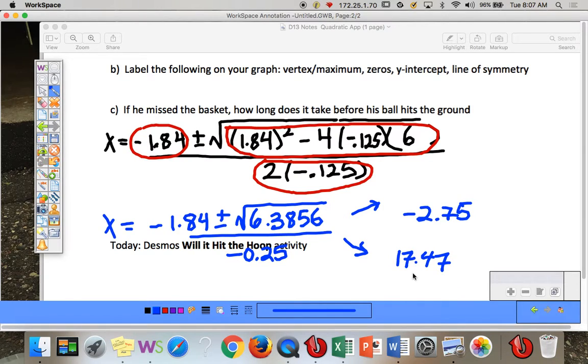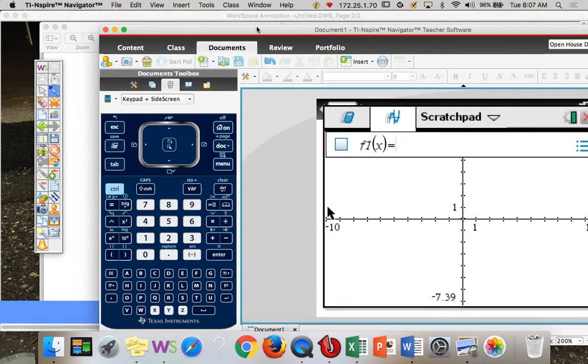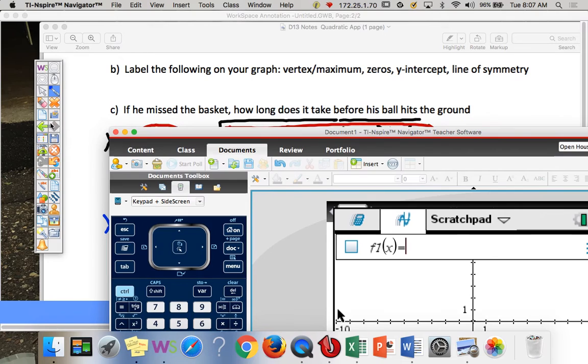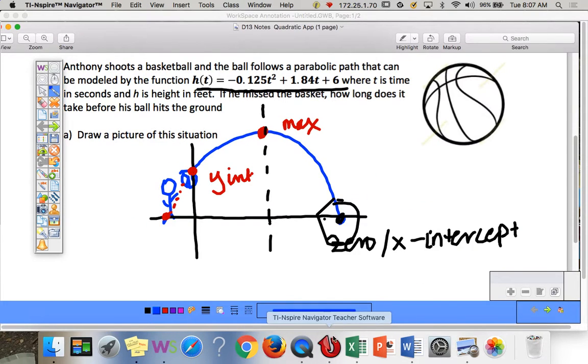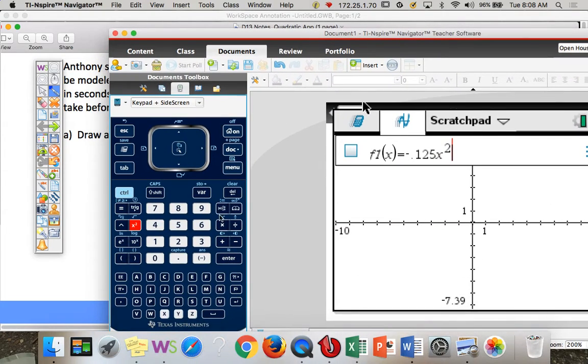Okay. So it says if he missed the basket, how long does it take before his ball hits the ground? So according to this, it would take 17.47 seconds. That seems kind of long. Let's double check by graphing. If we were to graph this, we're just going to type in the equation negative 0.125, and when we type it in, we'll use x, so x squared plus 1.84x plus 6.